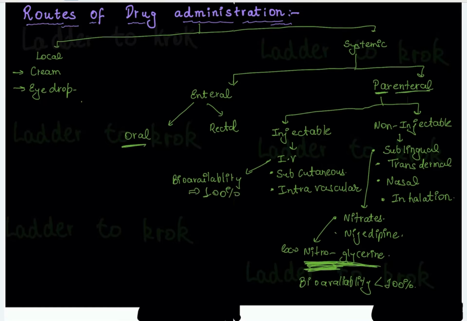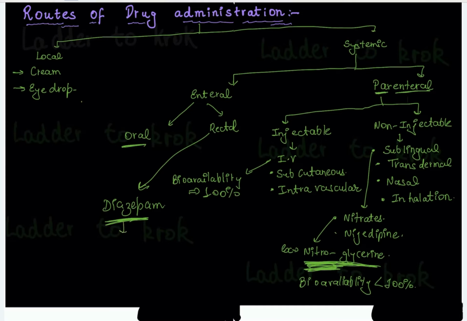Now some will ask which medicine we give rectally. There are many medicines that we give rectally, like diazepam, because its first pass metabolism is very high. What is first pass metabolism? We are going to discuss this in later videos also. Whenever you eat any drug, for our body that drug is a chemical. So who filters those chemicals from our body? The liver.